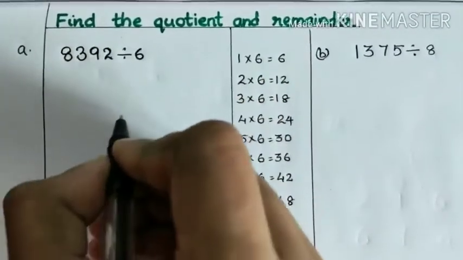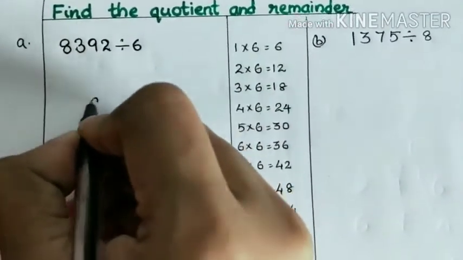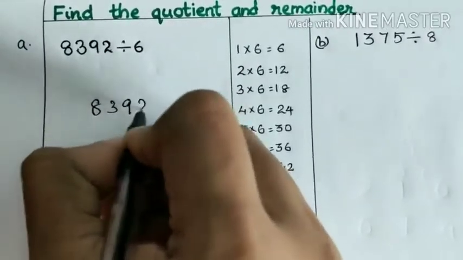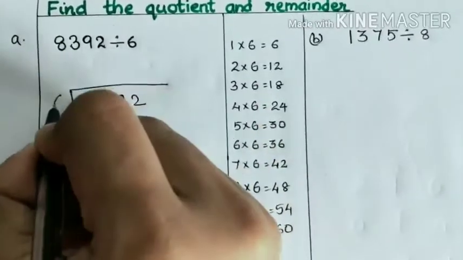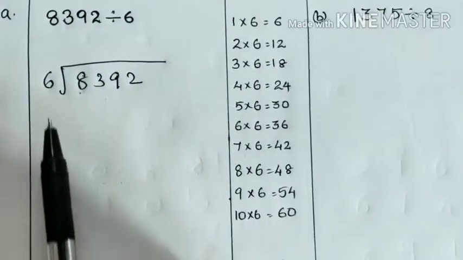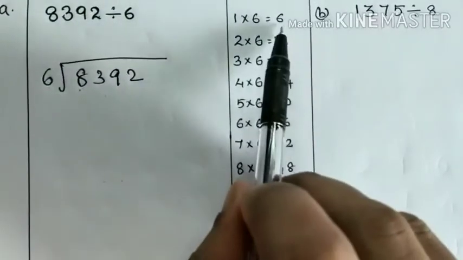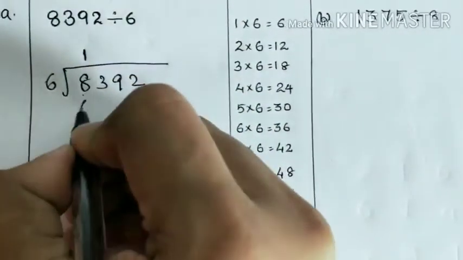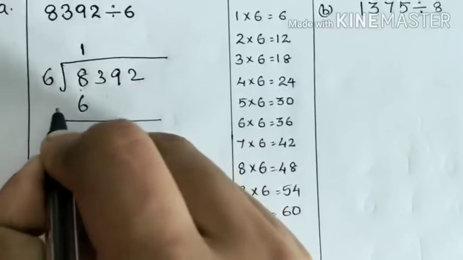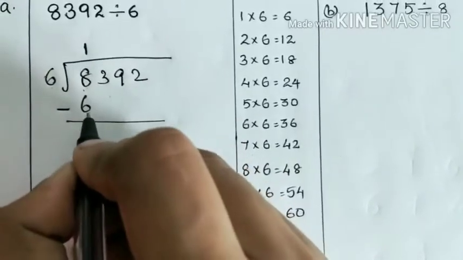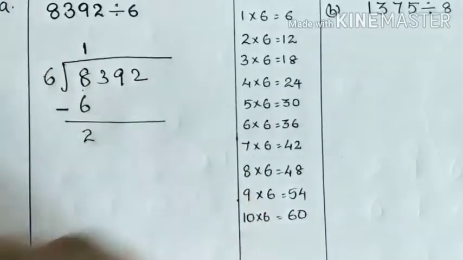8,392 divided by 6. In the table of 6, is there 8? No. Less than 8, yes, 6. How many times? 1. 1, 6, 6. Subtract 8 minus 6, 2.